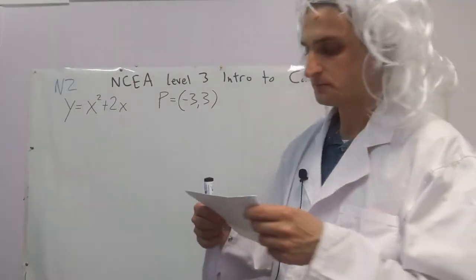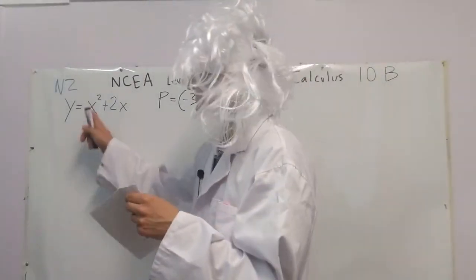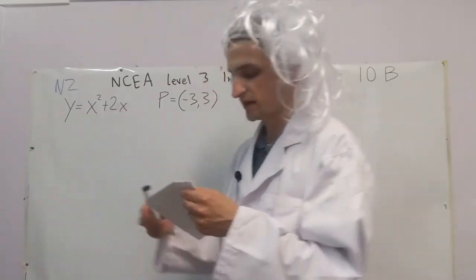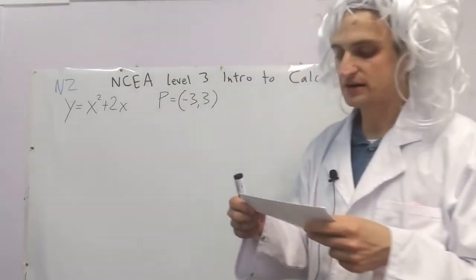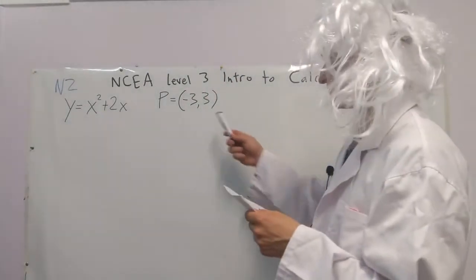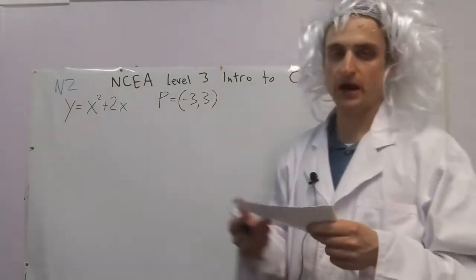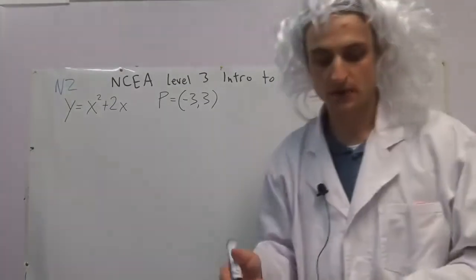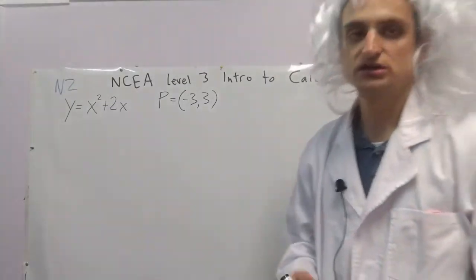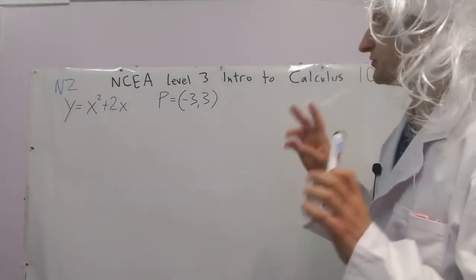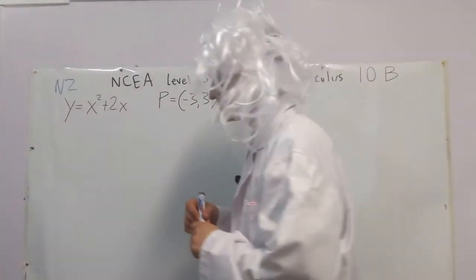Question number 3. If y equals x squared plus 2x, show that the gradient of the tangent to the curve at the point negative 3, 3 is negative 4 by using differentiation. I'll use the definition of the derivative, also called first principles.